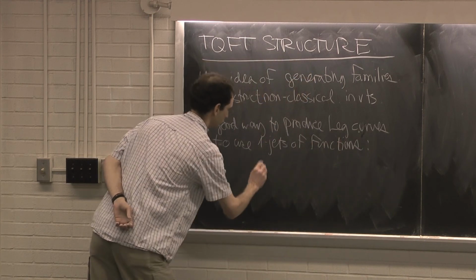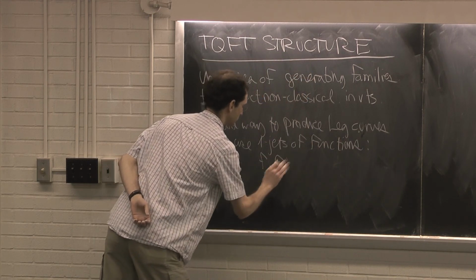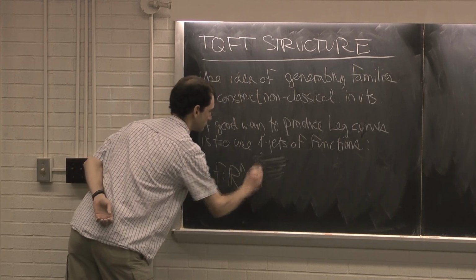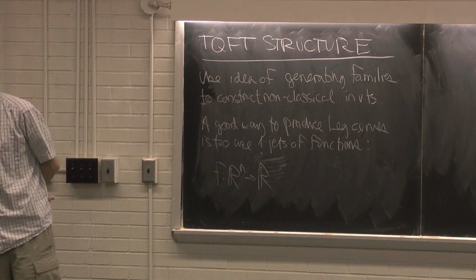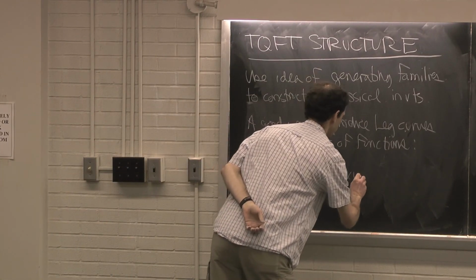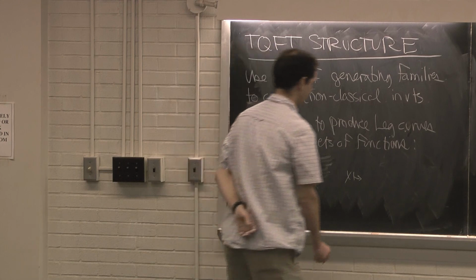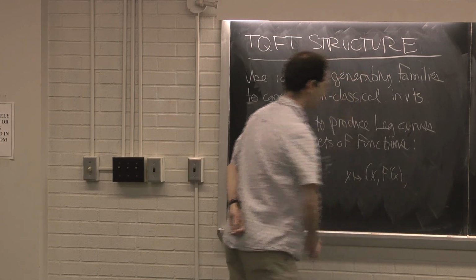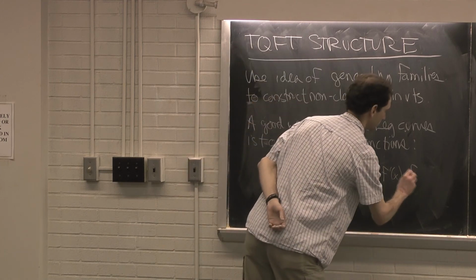Okay, so if I have a function f from Rn to R, its one jet is the object that takes in an x and spits out x, the derivative of f at x, and the function value.